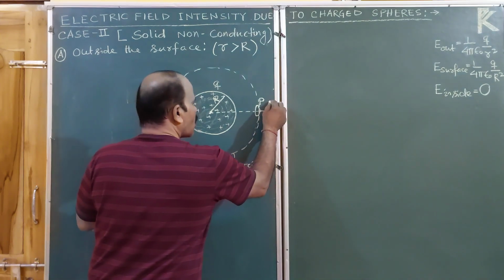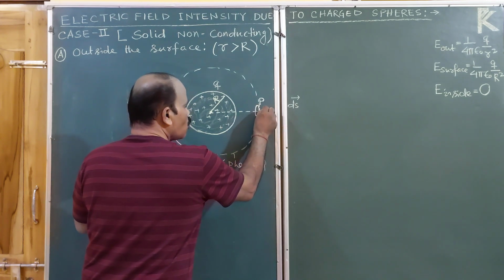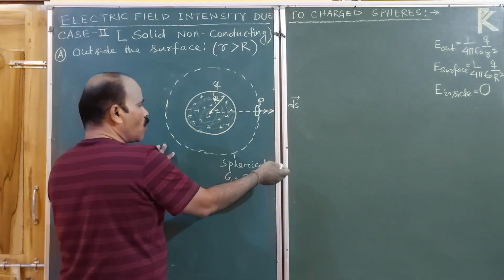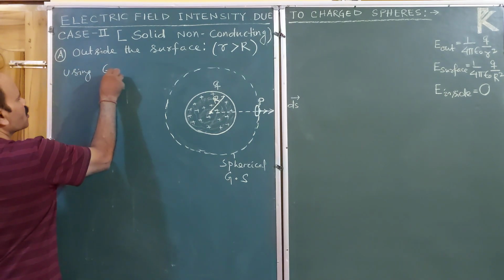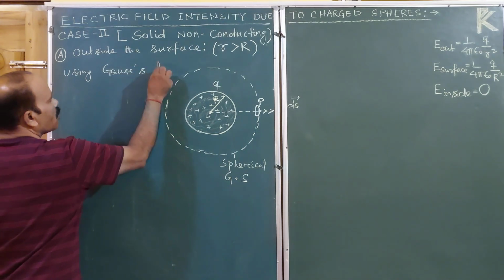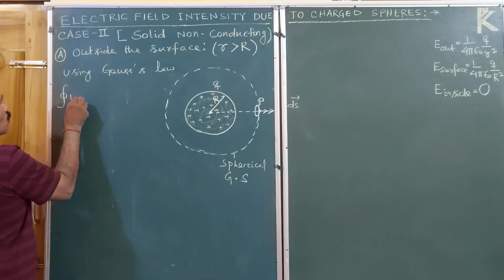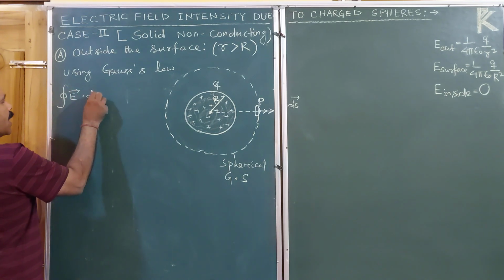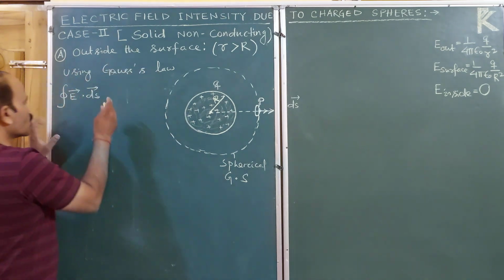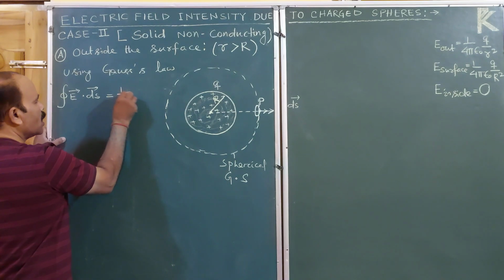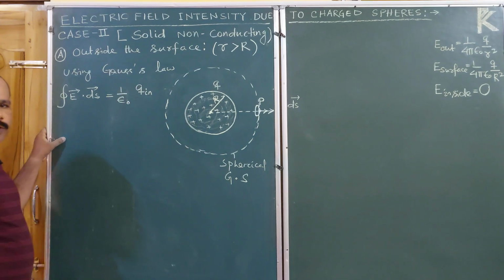It is represented by the radially outward normal. So this is my ds vector, and the electric field is again radially outward. Now using Gauss's law, the integration over the closed surface of E dot ds, which is the total electric flux linked with the closed surface, is equal to 1 upon epsilon naught times the total charge enclosed within the closed surface.